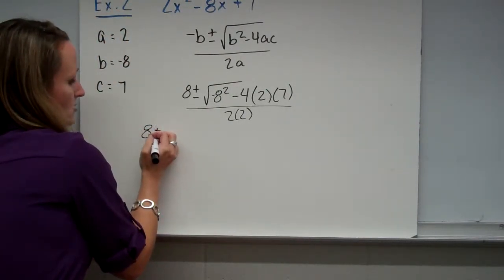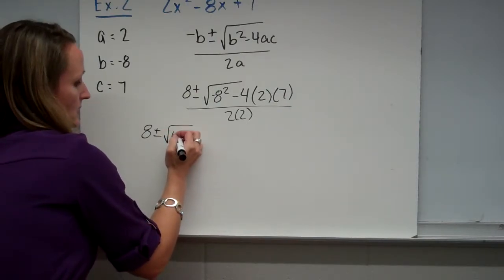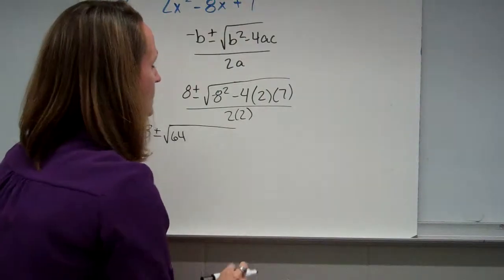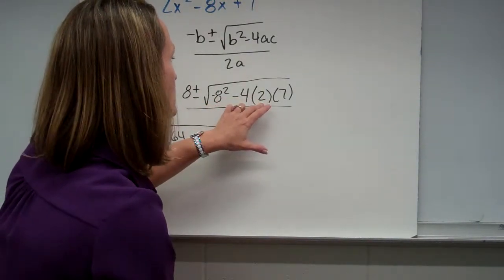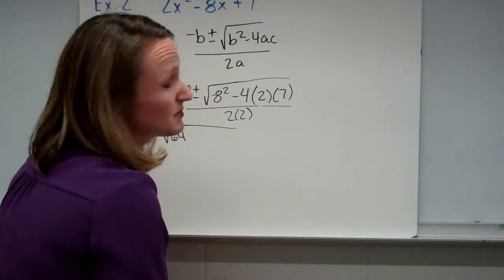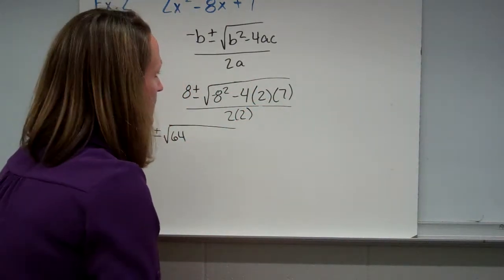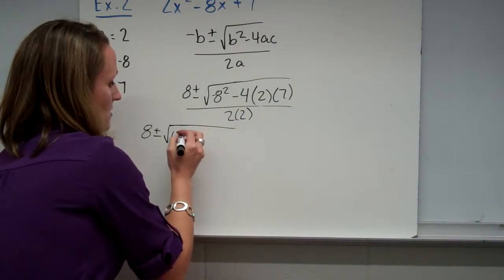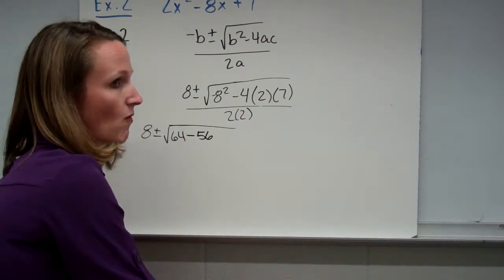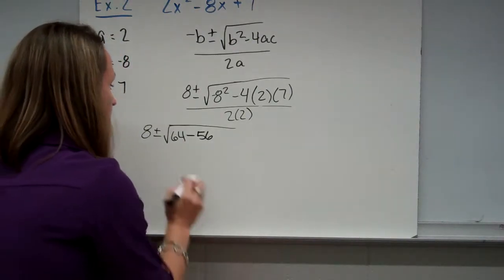So, come over here to give some space. 8 plus or minus the square root of 64. Negative 4 times 2 is negative 8. Negative 8 times 7 is negative 56. So 64 minus 56. Did I do my math right? Yes.